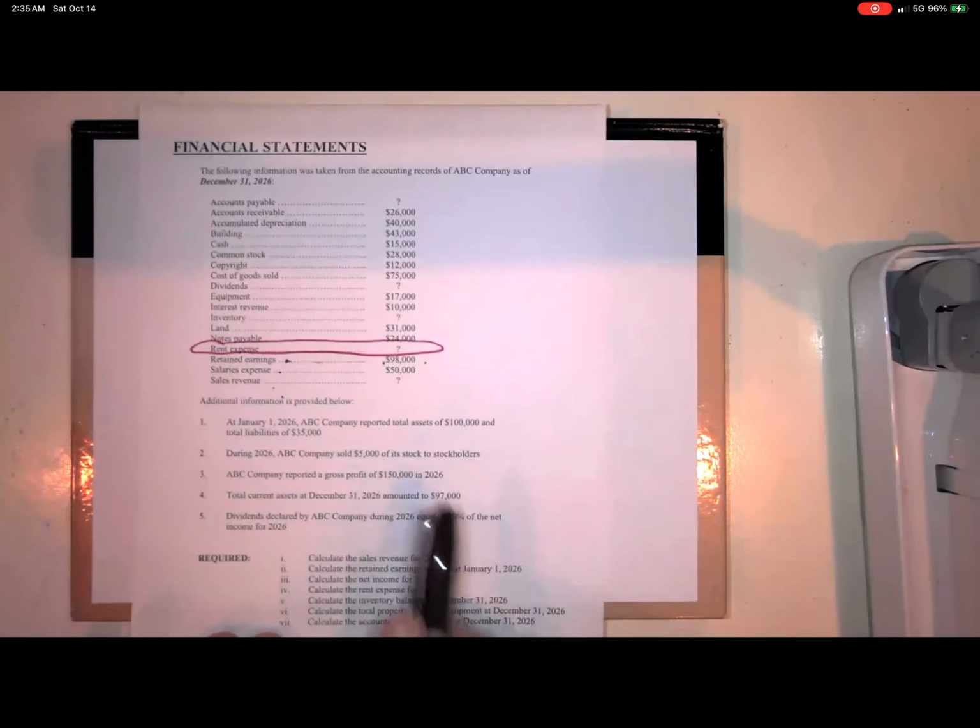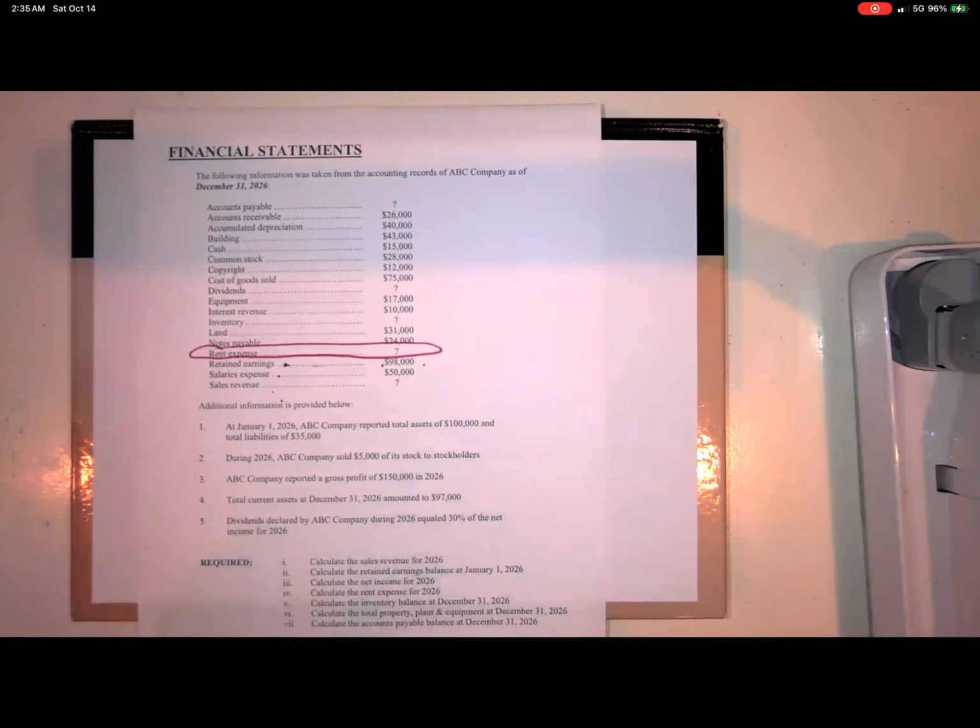In the additional information, it says total assets to be $100,000. So you're at additional information number 1, right? Yes. Matthew, could you do one more thing for me, please? Those $100,000 of assets are as of what day?